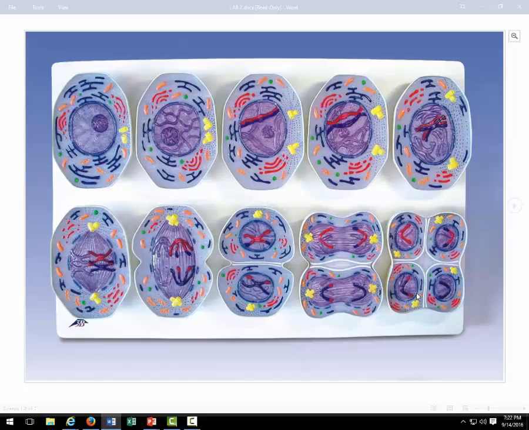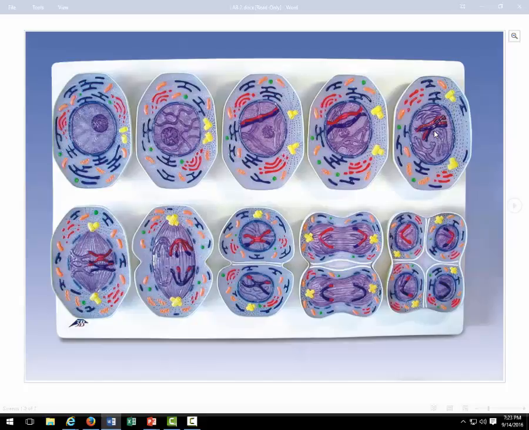So now, here's a little hint. If you look at the model, if it has the chromosomes in the version of an X, which means you have sister chromatids, you can see the chromosomes have that X structure, then you know you're in meiosis 1. So if you can just identify, are they lined up in the middle, are they being pulled apart, do I see X's, you're in meiosis 1.